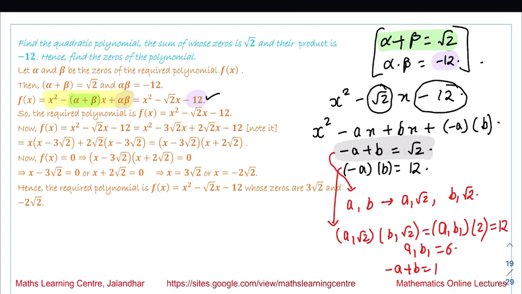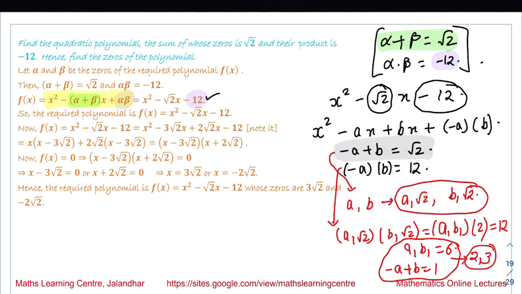We are saying a1 b1 should be equal to 6 and a1 plus b1 should be equal to 1. The root 2 we have already adjusted over here, so we need values like this, and we know that these values will be 2 and 3. So we write this in the form x square minus 3 root 2x plus 2 root 2x.